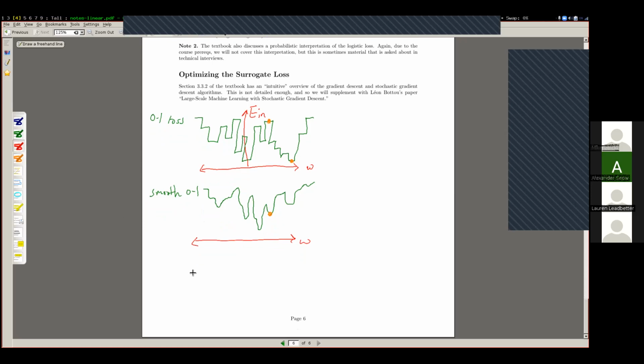The logistic loss, because it's convex, when we consider all the data points together, it's going to remain convex, and it's going to give us some smoothish looking thing like this.